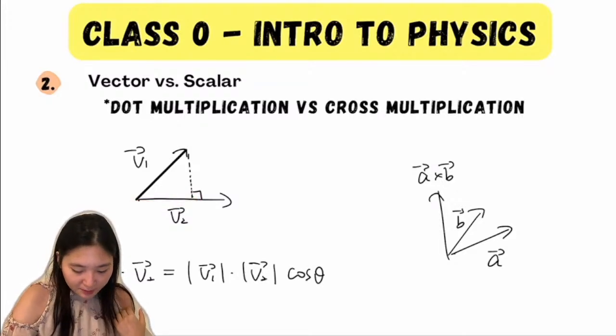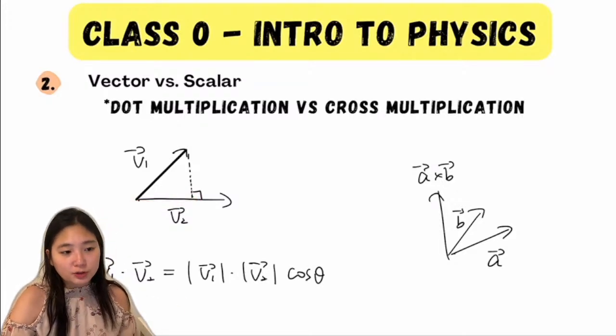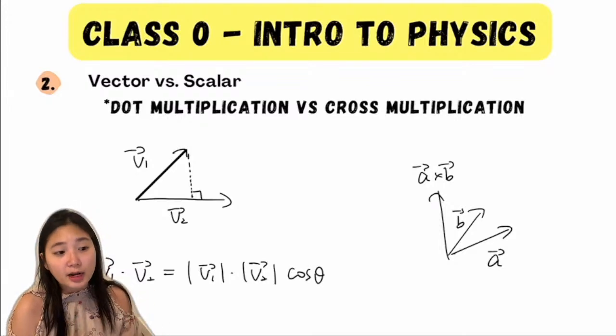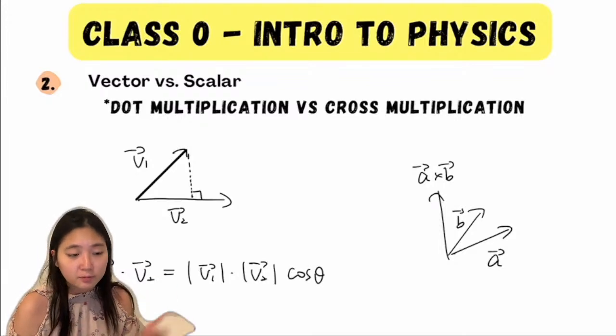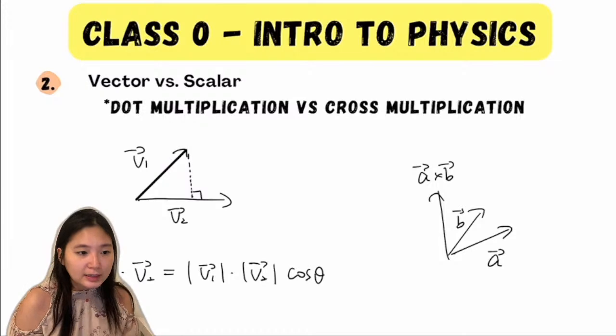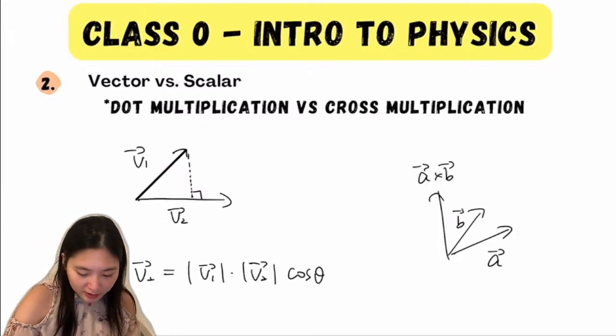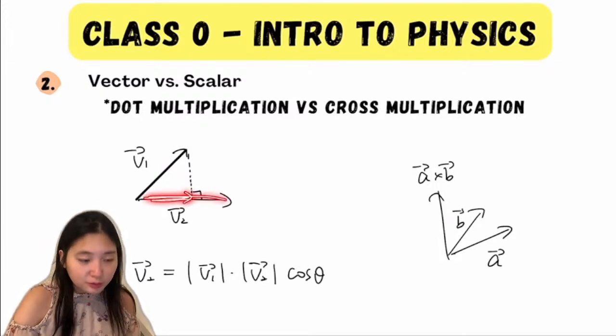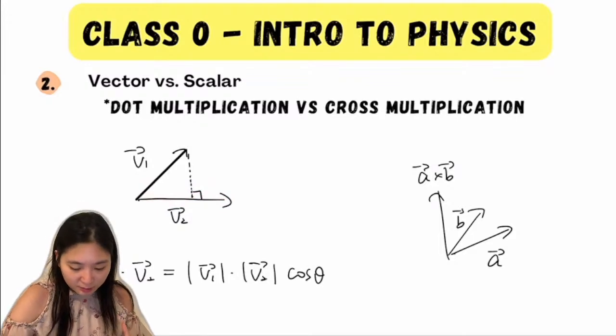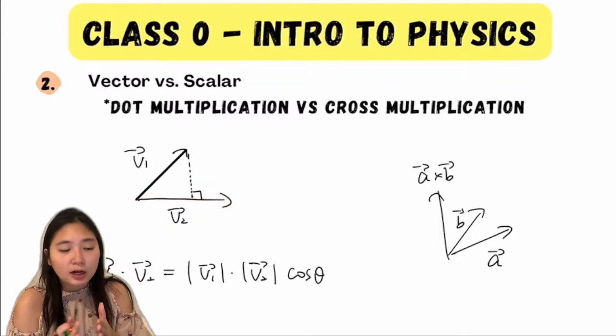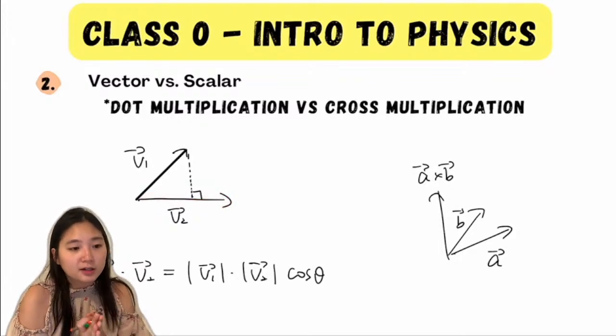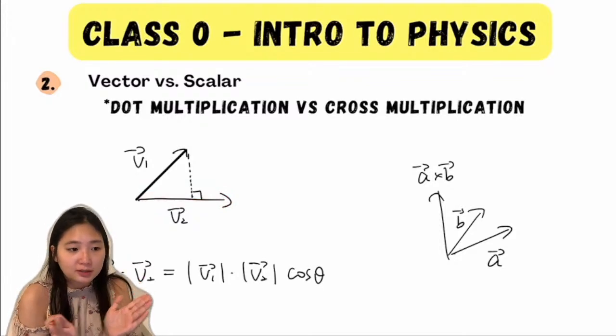So what dot multiplication between two vectors means is that there is some kind of interaction between these two vectors or these two physical quantities, but only the components that are parallel to each other work. Only when these two vectors are in the same direction does it work. If they're perpendicular to each other, then it doesn't work.